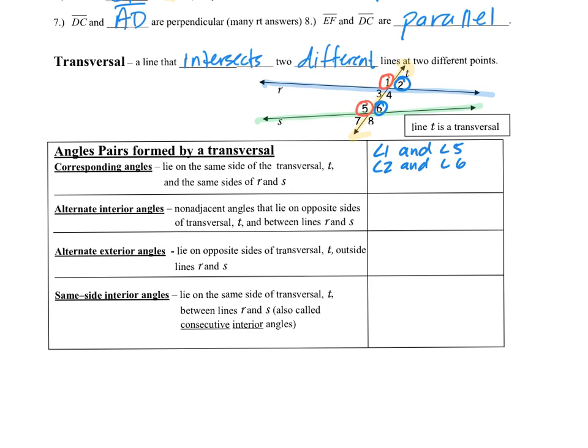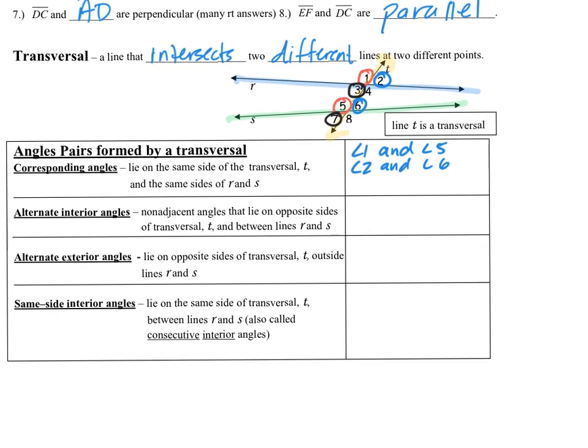Another pair of corresponding angles would be angle 3 and angle 7. Same side of the transversal, and both of them are below the two lines being transversed. So we'll say angle 3 and angle 7, and then there's not quite room to write one more, but there is one more pair of corresponding angles, and that would be angle 4 and angle 8, the ones I haven't circled.